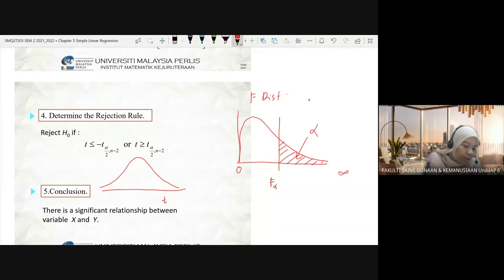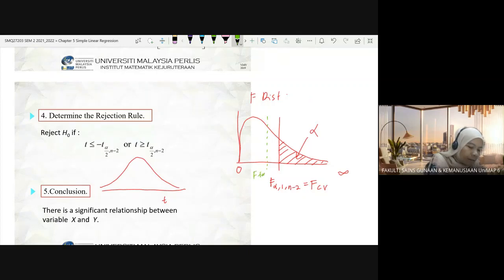That will depend on the DF for regression and DF for error. So this is your FCV, the critical value. Where does your F test lie then?